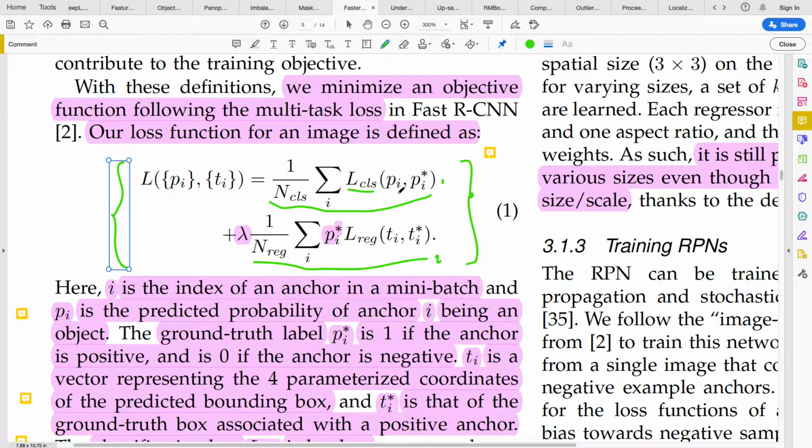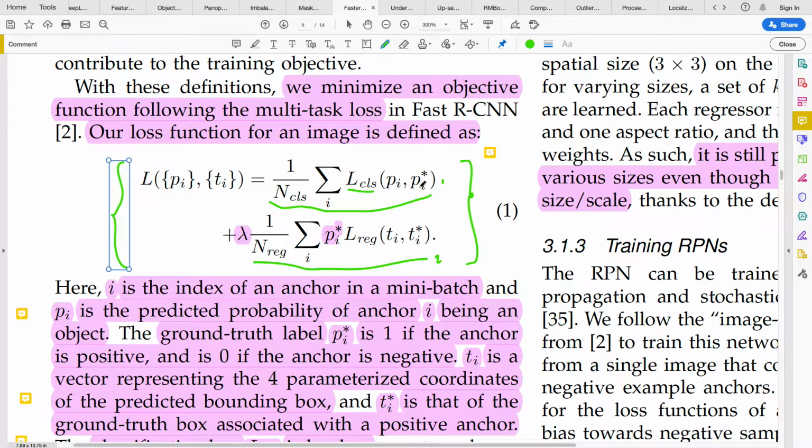So you have your ground truth, which is the p asterisk. In this case, this p stands for the probability, the probability that, now that we are dealing with object detection, the anchor actually contains an object.